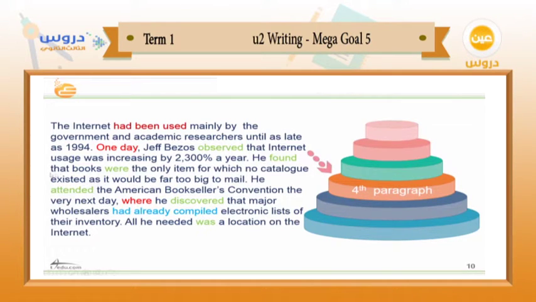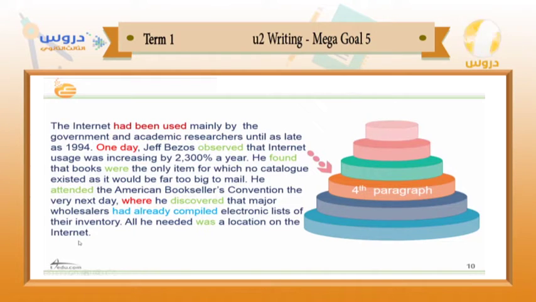He found that books were the only item for which no catalog existed, as it would be far too big to mail. He attended the American Booksellers Convention the very next day, where he discovered the major wholesalers had already compiled electronic lists of their inventory. All he needed was a location on the internet.